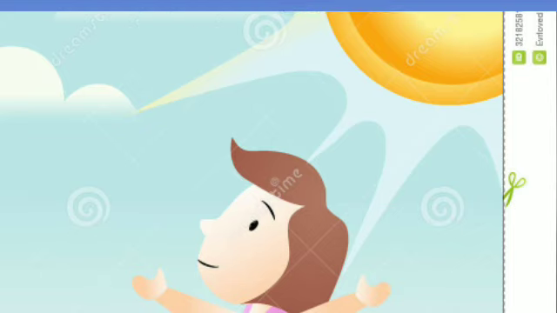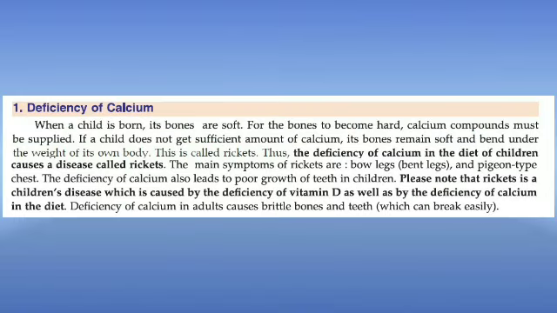Also, sunlight, as we know, is a very good source of vitamin D. So, if the skin of the body is exposed to sunlight, we may get sufficient vitamin D. Isn't it, children?